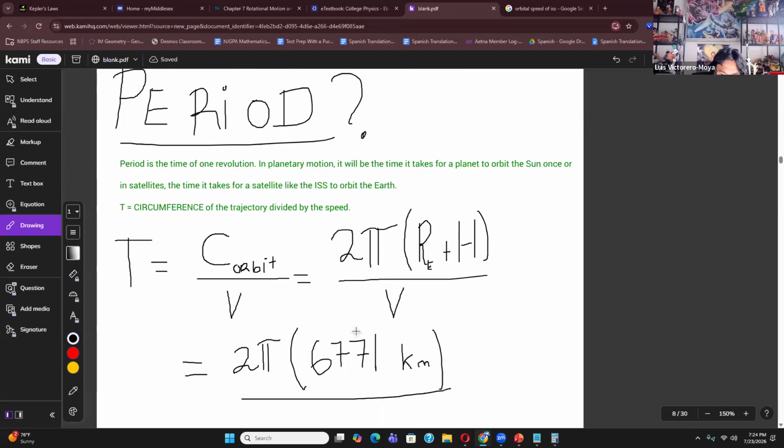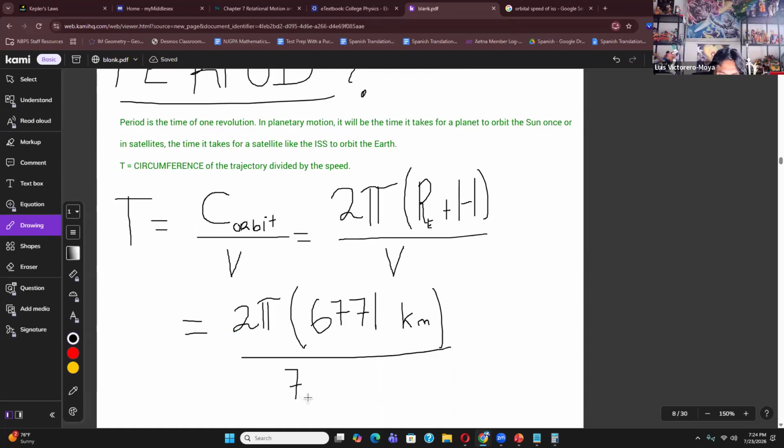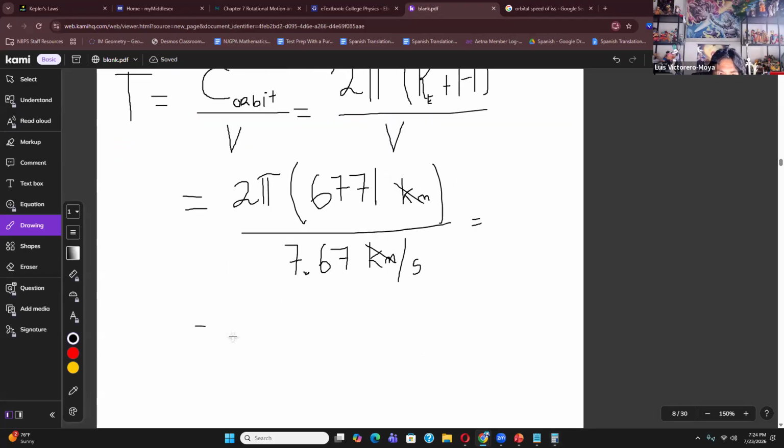And then here we have 7.67 kilometers per second. So my period will be in seconds because kilometers cancel. Okay, so what do you get here? Two pi times this divided by this.